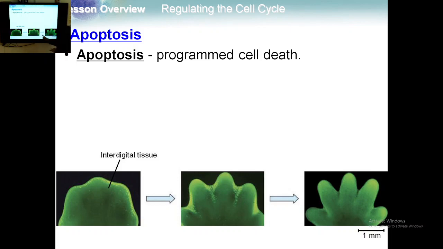As an example, this is the frog foot, and there is tissue here. If you look at these pictures, you will find that the fingers here are clear compared to the first one. So according to apoptosis, the cells will die here to shape the structure of the frog's feet, okay?